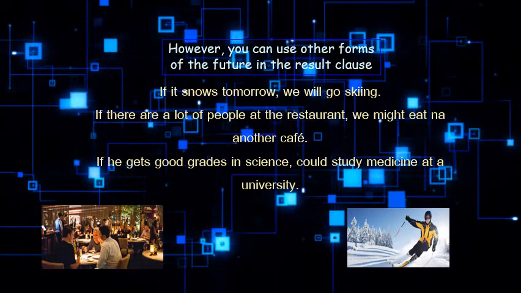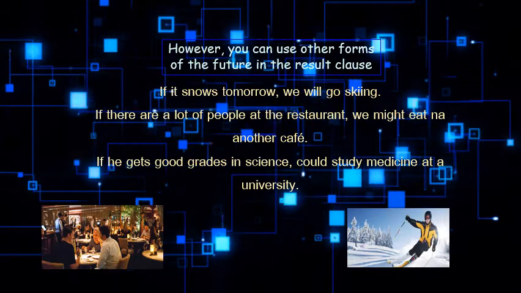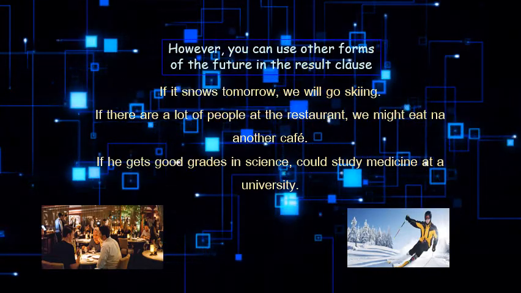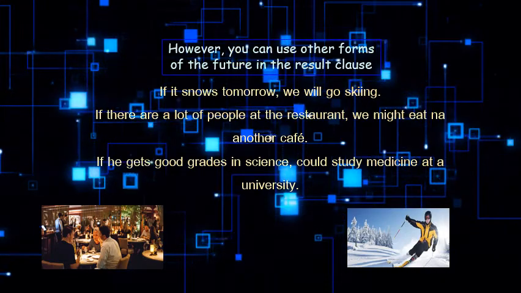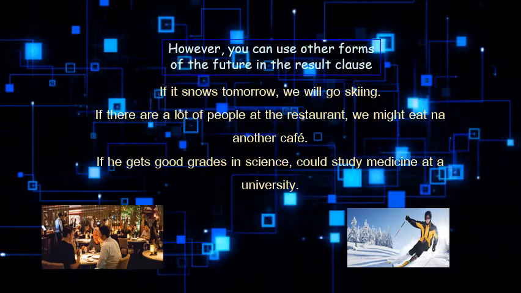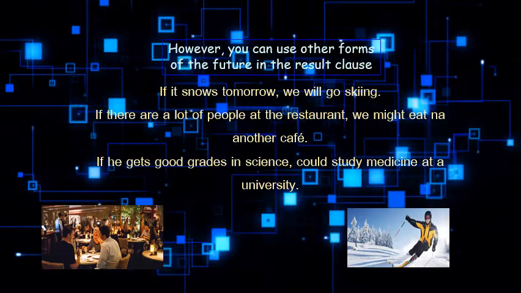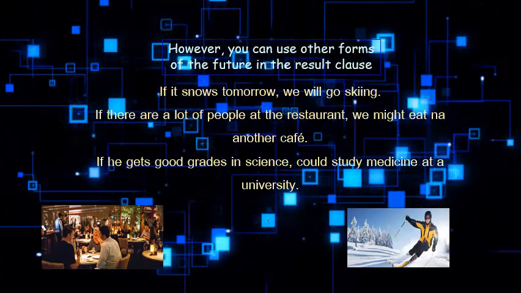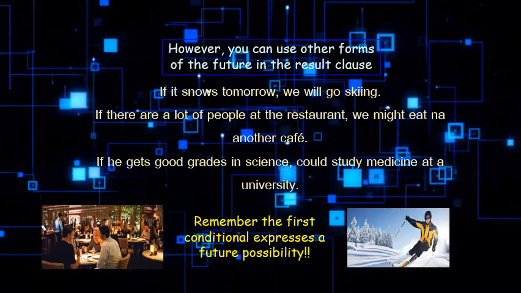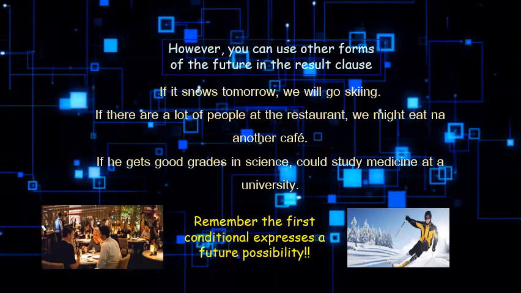Another example. If there are a lot of people at the restaurant, we might eat in another cafe. If he gets good grades in science, he could study medicine at the university. Okay, so it's telling about the possibilities. And it says, remember that the first conditional expresses a future possibility.